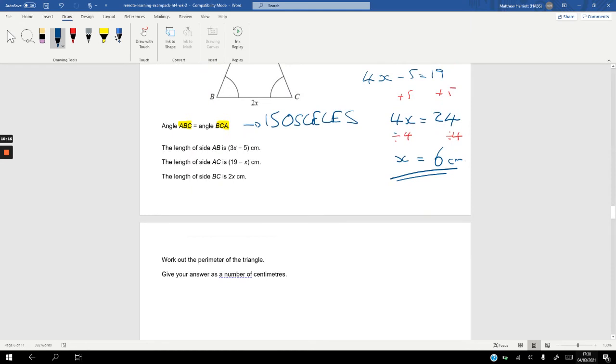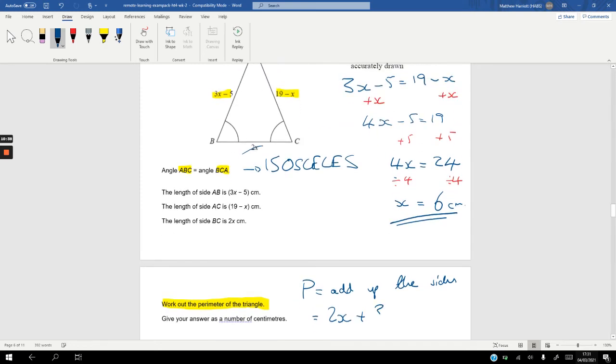Now I'm going to have a look at what the question says. It says work out the perimeter of the triangle. Now the perimeter is add up the sides, which is 2x plus 3x minus 5 plus 19 minus x.